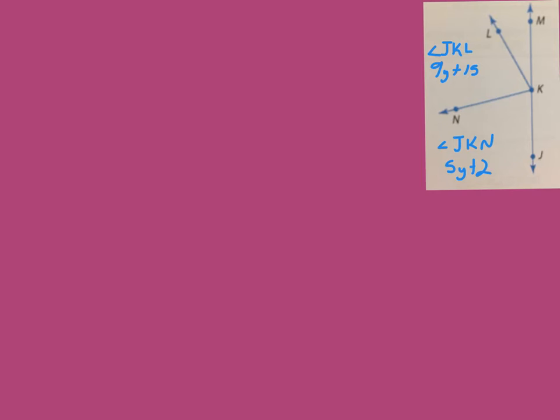Okay, let's see how you did and what you did. Follow along with me. First thing, remember, reread it if you need to. It's in your book, guided practice number 3. First thing is we know that we have the big angle JKL. We know that JKL is 9y plus 15.